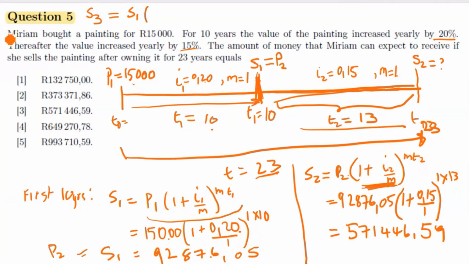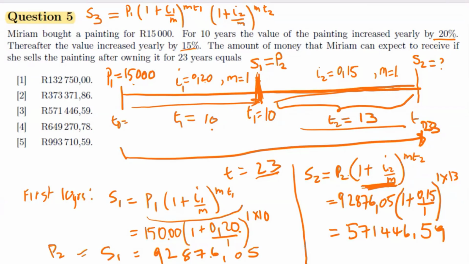What is your S1? Let us write our S1. All this part is going to be equal to P1, equal to 1 plus I1 over M to the power MT1, multiplied by this part, 1 plus I2 over M to the power MT2.